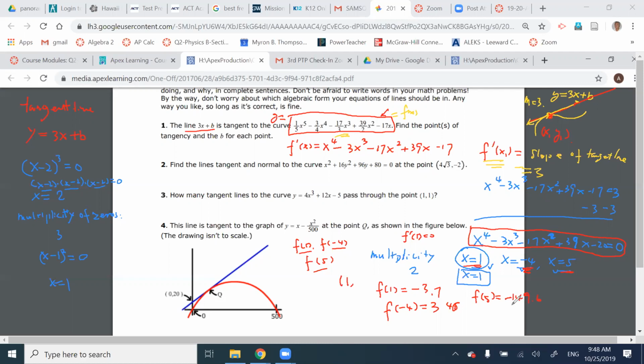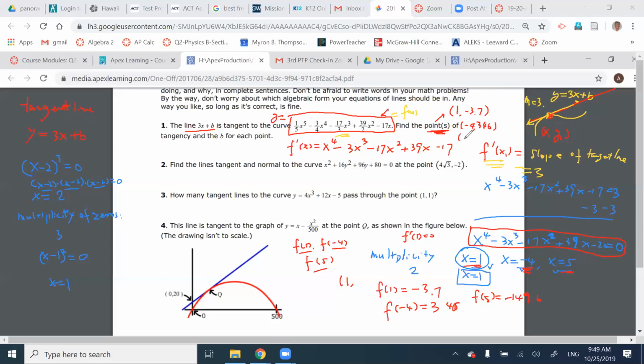Okay. This question, they ask you for what? Find the points of tangency. So the points, you can put it together like this: 1 and negative 3.7, right? And then negative 4 and about 346, like that.